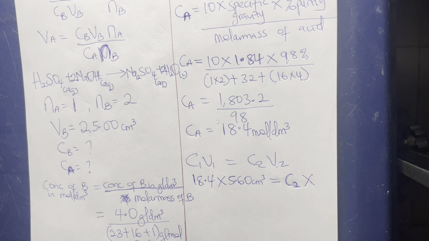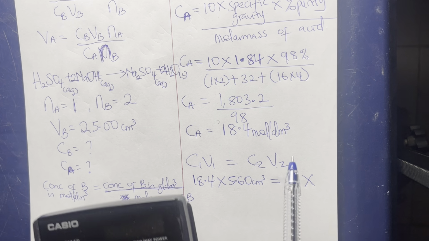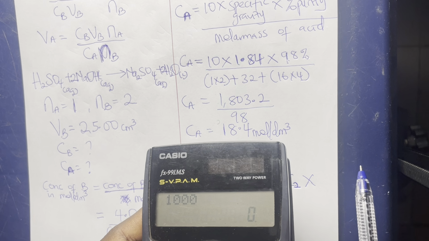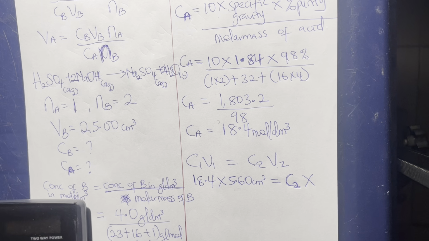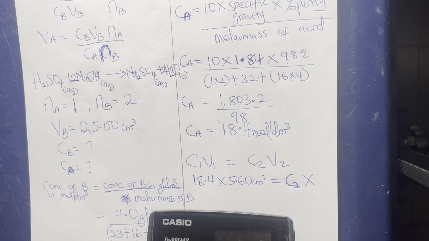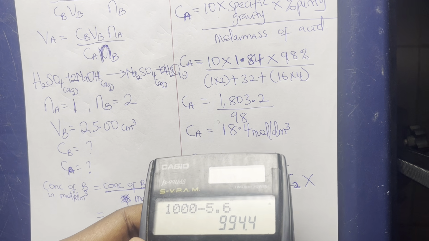Then you get distilled water. To find that volume, I subtract 5.60 from 1000. Let me just do the math on the calculator, 1000 minus 5.6. So you need a volume of distilled water of 994.4 cm cube.